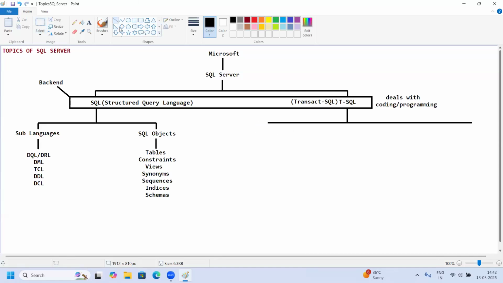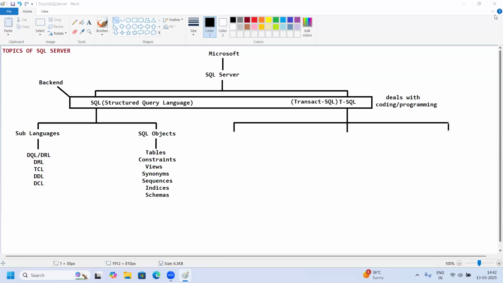Let me expand this, and from here I'll reduce it, so that I can adjust all the things within this block. Chalo, let's start. First module, second module, third module.